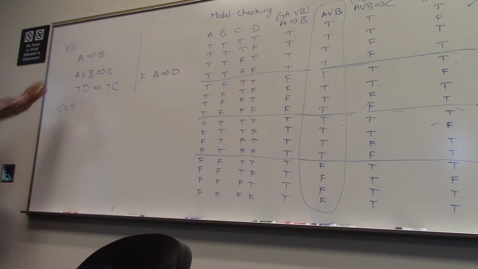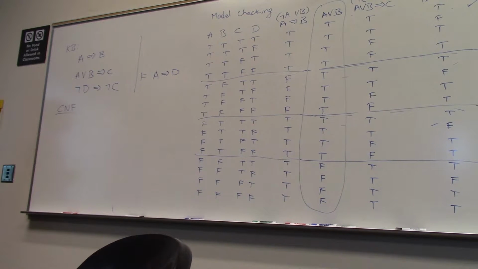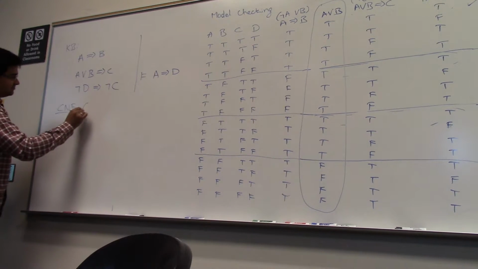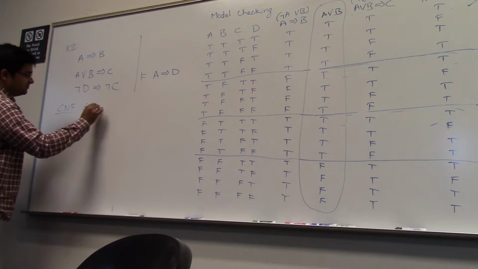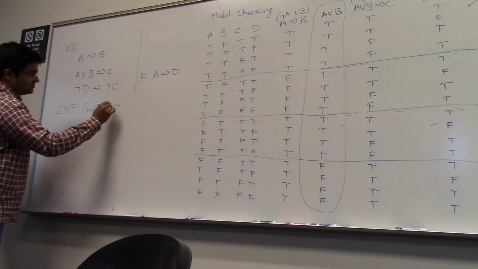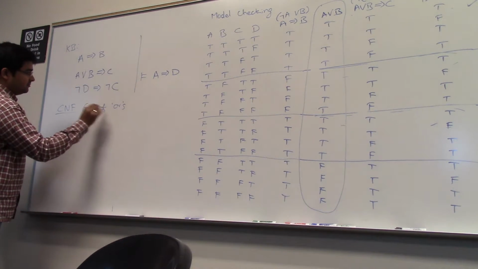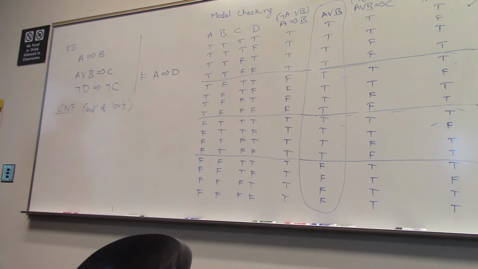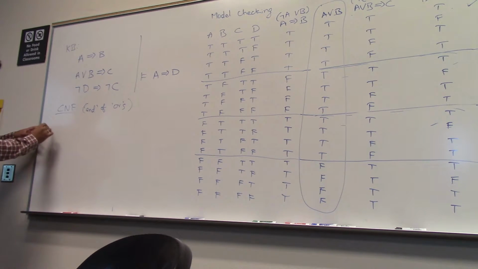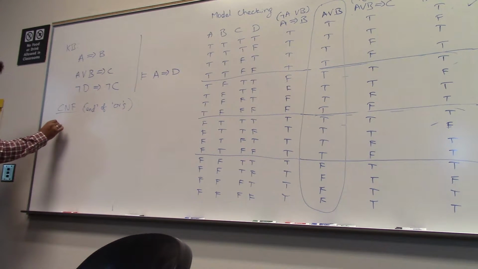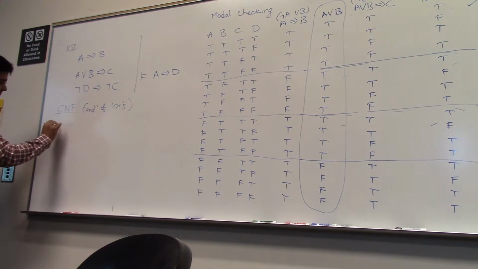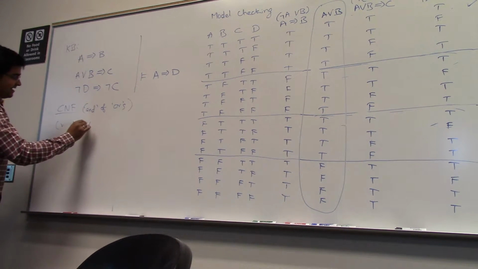So first we have to convert these things into CNF. And how to do that? I forget. So this one translates to, as I was saying, an AND of parts. We have so many ORs, something like not A or B, and of such things.